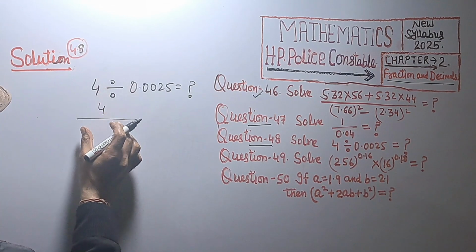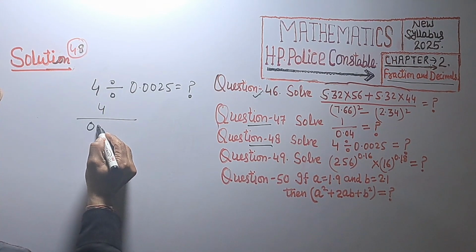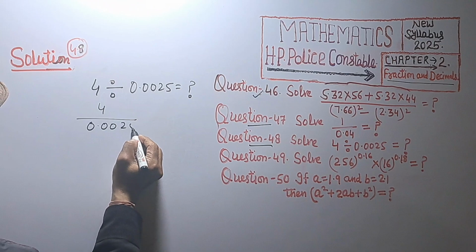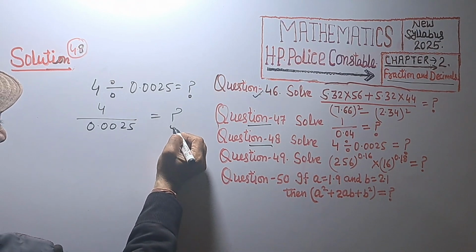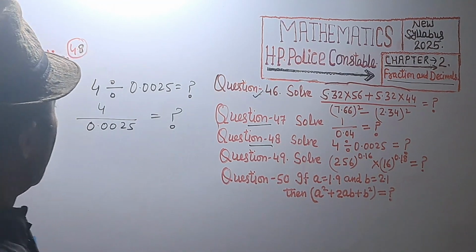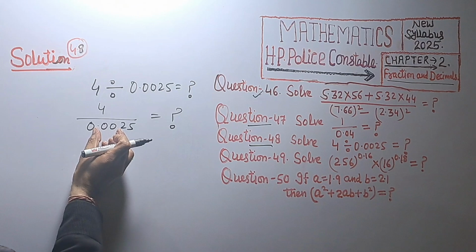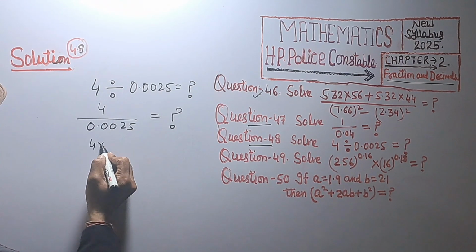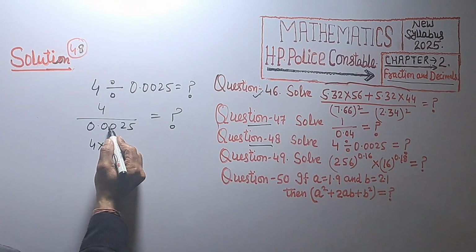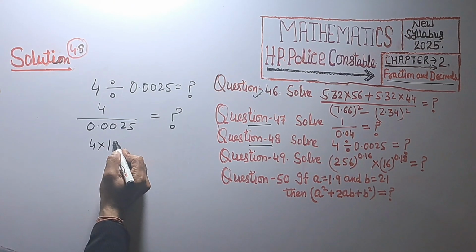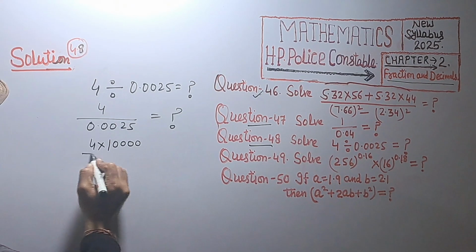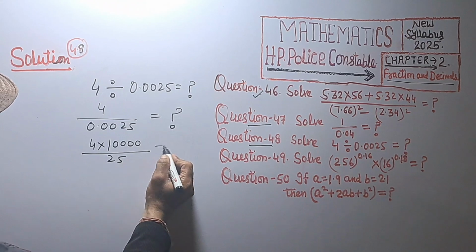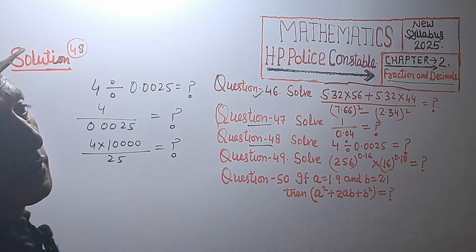Second step is 4 divided by 0.0025 equal to question mark. And then converting the point: 4 into point is 1, and 1, 2, 3, 4, 4 zeros. Numerator divided by 25 equal to question mark.